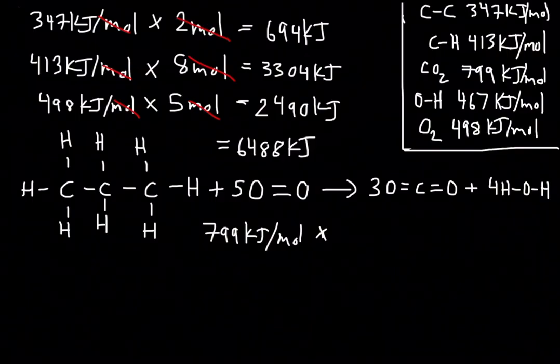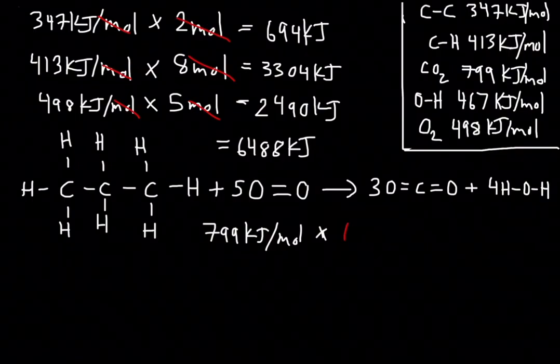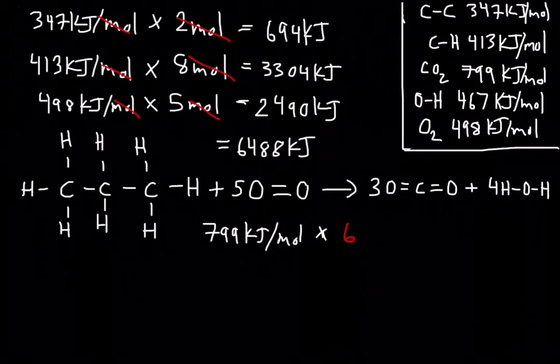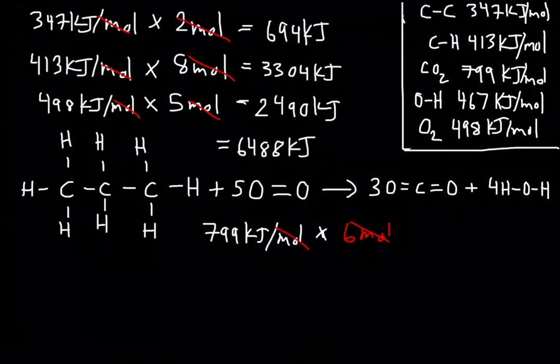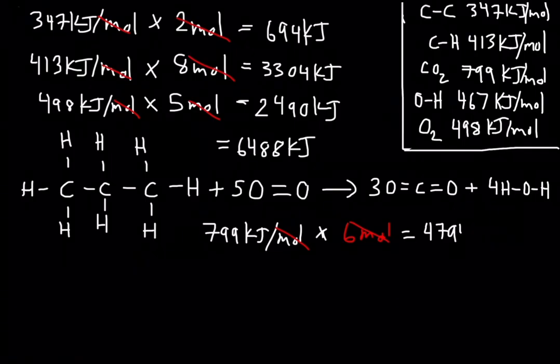So we have 2 mole times 3, which gives 6 mole. So these cancel. So 799 times 6 is equal to 4,794 kilojoule.